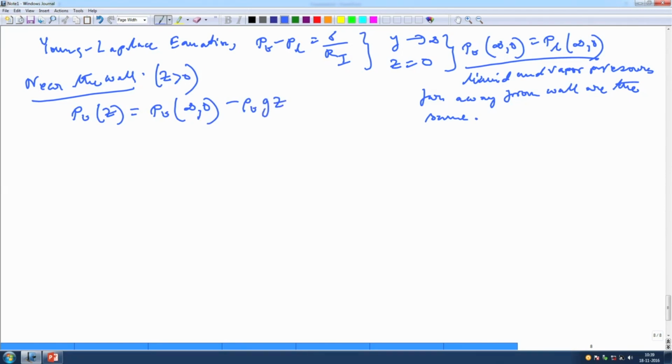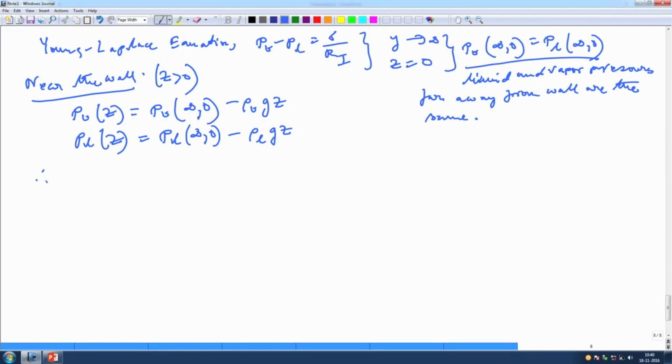Similarly, PL at any z should be equal to PL at (infinity, 0) minus rho L into g z, because we are just adding the height of the liquid and the vapor column over here.